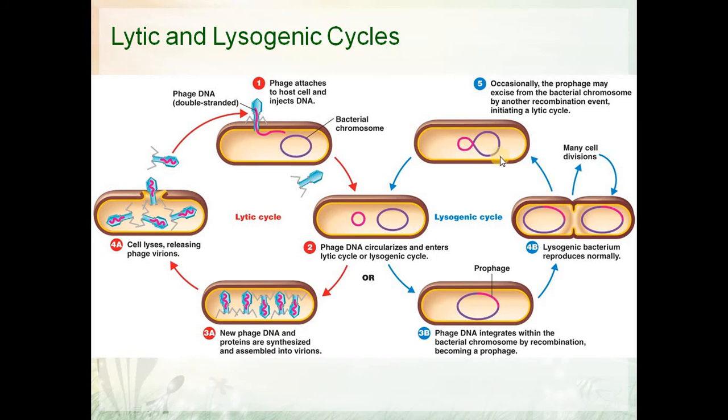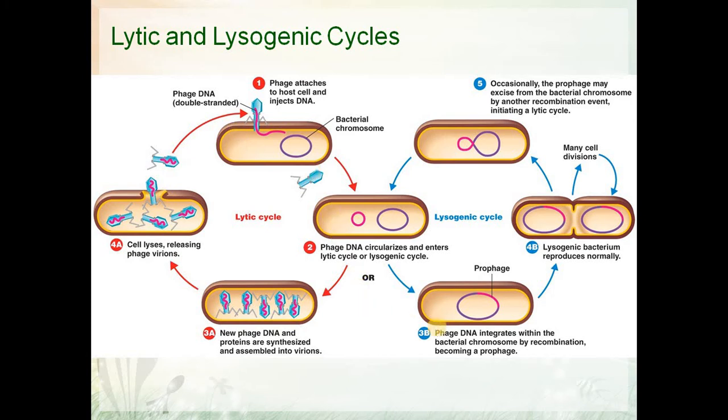So it is going to remain dormant. This purple circle is the viral genome. It is going to allow bacteria to multiply many times, up until it becomes functional. This is not a fully functional viral DNA, and it's called a prophage. So when it becomes functional, it is going to go into the lytic cycle.